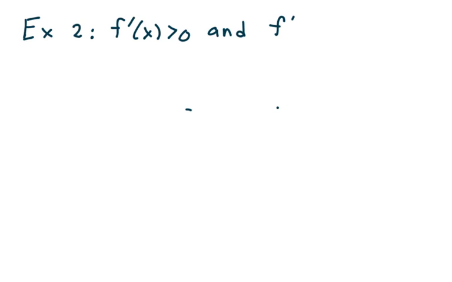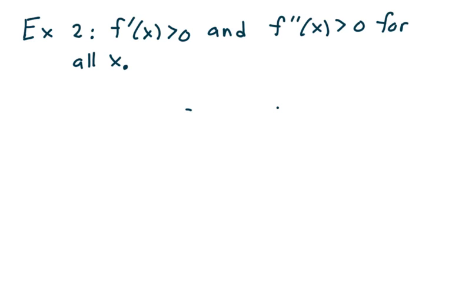So example 2. Suppose I had f prime of x is greater than 0 and f double prime of x is greater than 0 for all x.